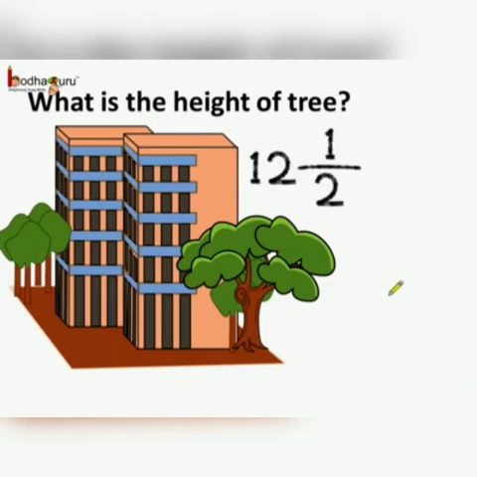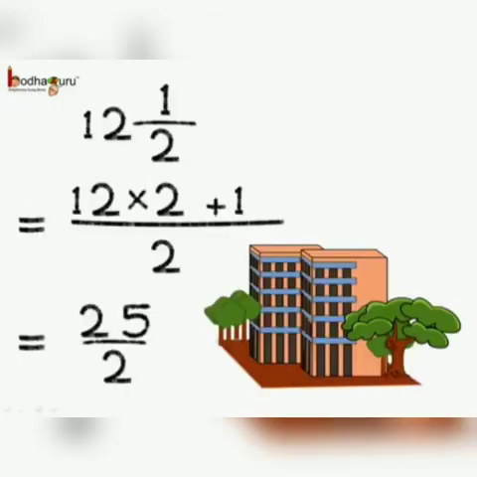It is 12.5, which is the height of the building, multiplied by 3/5, because the tree is 3/5 the height of the building. Now here 12.5 is a mixed fraction, so first we need to change it to an improper fraction for multiplication.